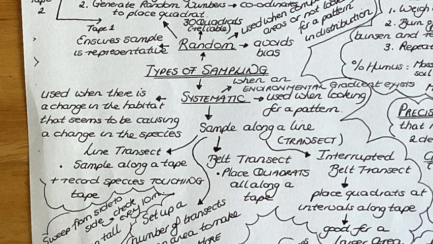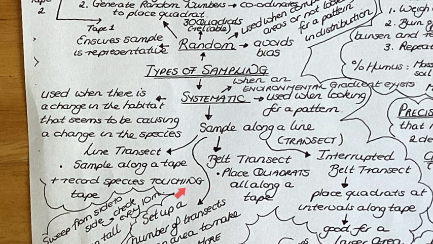That's what we did on the shore, and then you place quadrats all along the tape, and then you sample within those quadrats. If it's a very, very large area, for example, if you're sampling over a few kilometres, you would use interrupted belt transects, and all that means is you place quadrats at intervals along the tape, maybe every 10 metres, and that is good for a large area.